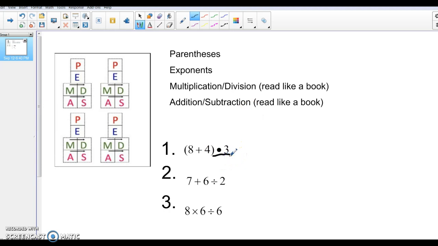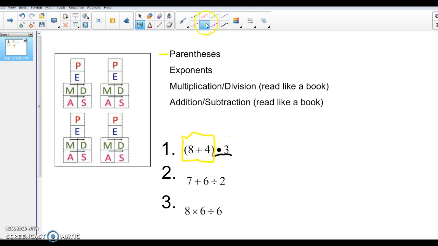But we have to make a note that our addition is inside our parentheses. Please forgive me for the bad drawing, but stick with me. Since our addition is inside parentheses, and parentheses comes first, even though it's addition, we do that before the multiplication.